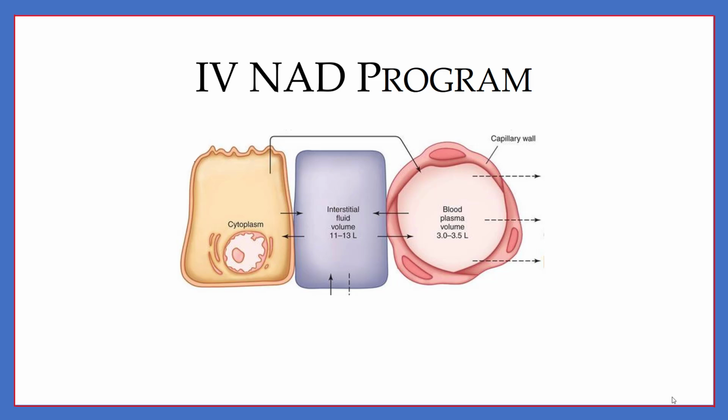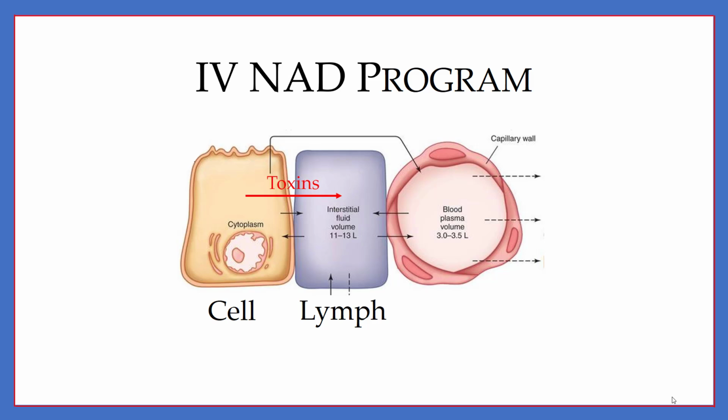So these are the three primary compartments of fluid in the body. On the left, we have the cell. The whole cell contains its own fluids. And when these toxins start to be expelled or excreted from the cell, they go out into the interstitial fluid, which is primarily lymph.